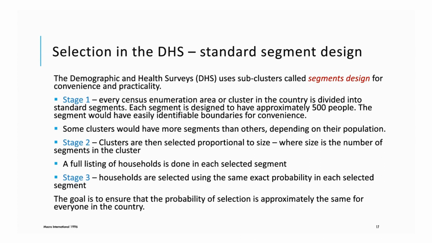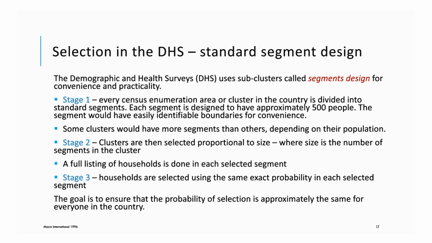Now, each of the clusters will be divided into segments. A segment is approximately an area that represents 500 people. Of course, there will be different numbers of segments in each of the clusters. So just like we described earlier, the first selection would be to randomly select which clusters to go to.